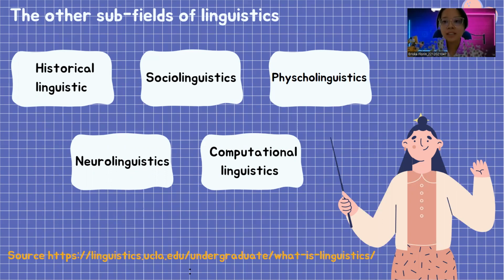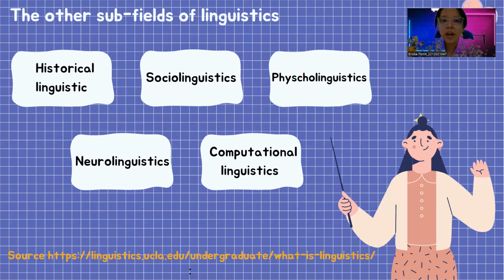And the second one, we have social linguistics. Social linguistics seeks to understand how language use is influenced by various social factors such as culture, ethnicity, gender, class, age, and social context, and how it in turn shapes social behavior and identity.